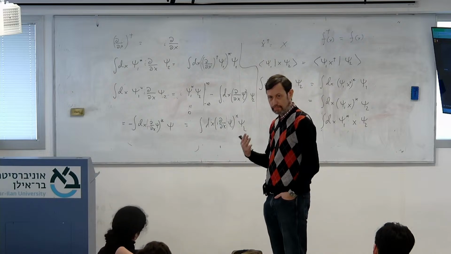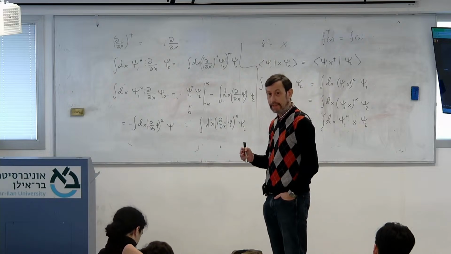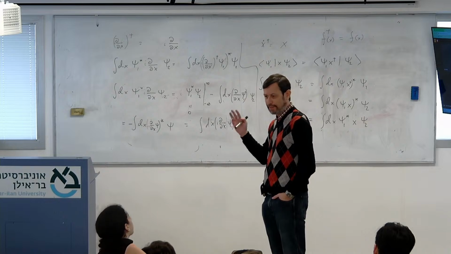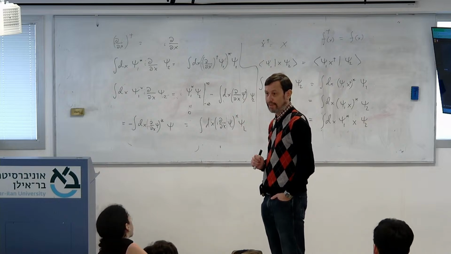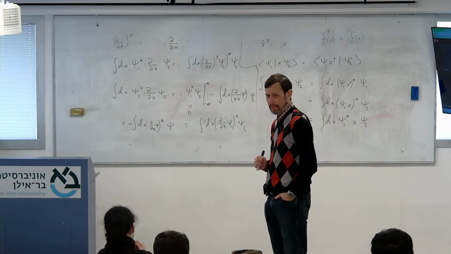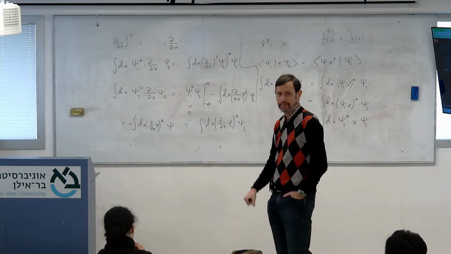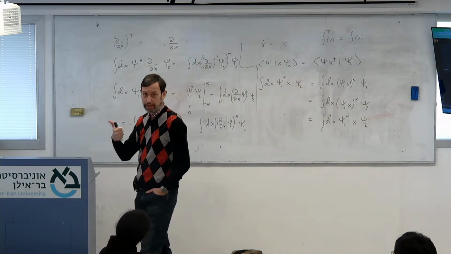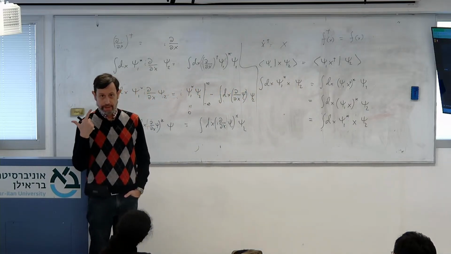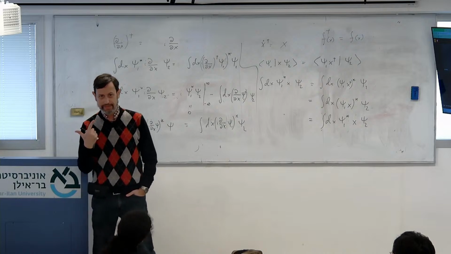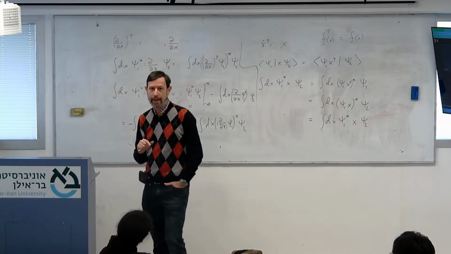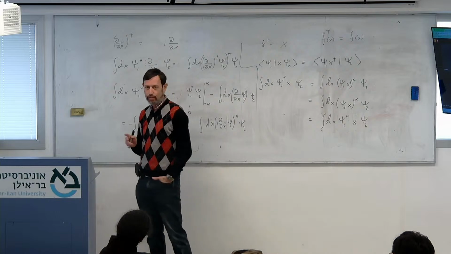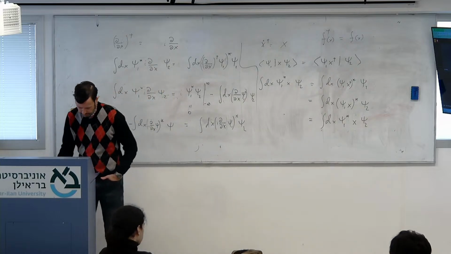And now I'm stating something: any physical operator is a Hermitian operator. That's why we have these i's before the derivatives according to x or t. Now, why is that true? That has to do with the eigenvalues of these operators.